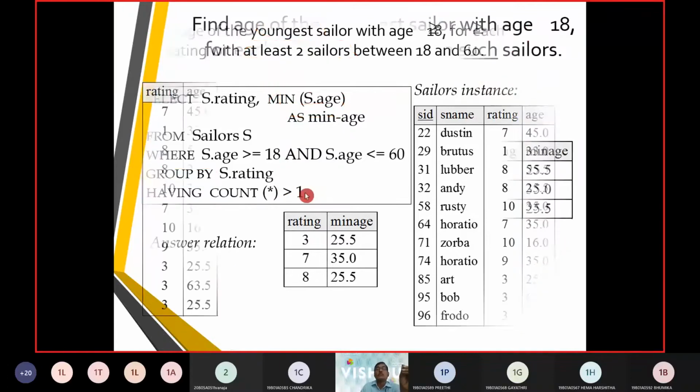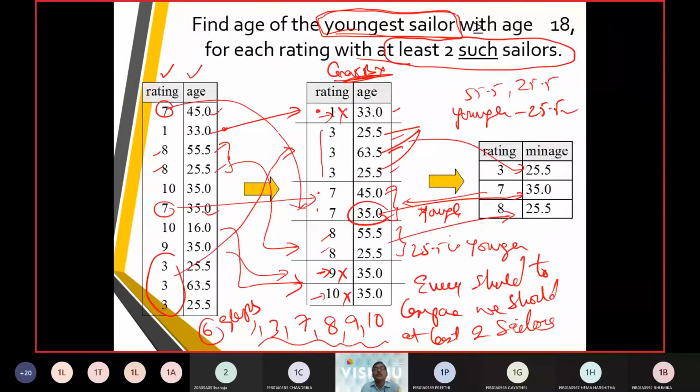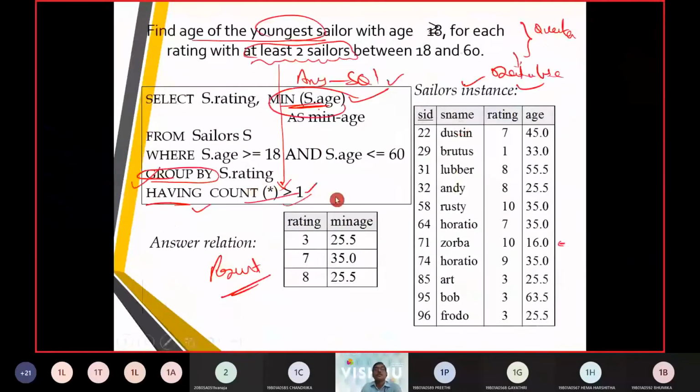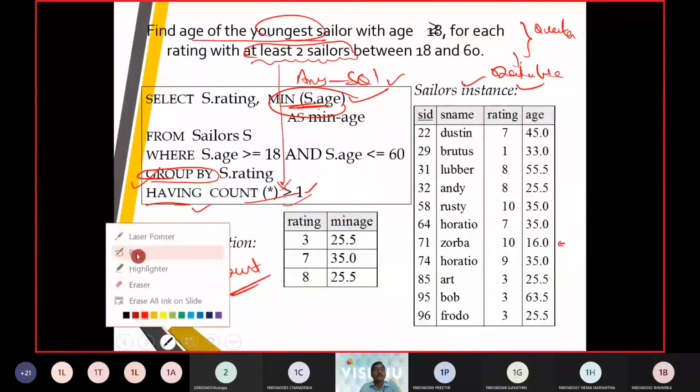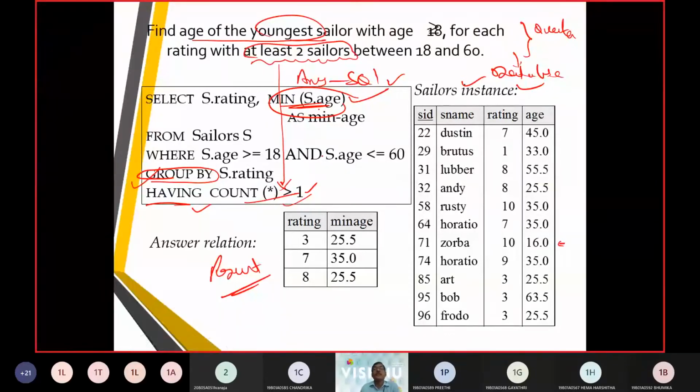So 1 is ignored, 9 is ignored, 10 is ignored. Why? Because you went with a condition having at least 2 such sailors.